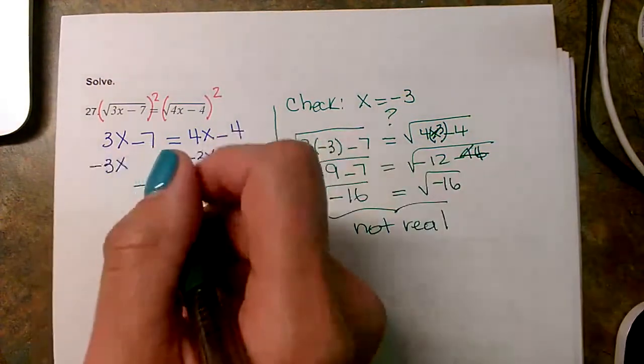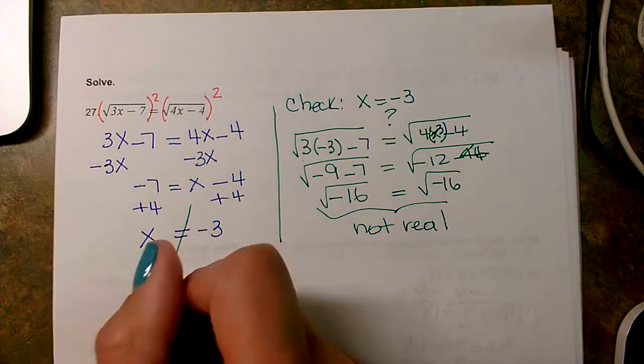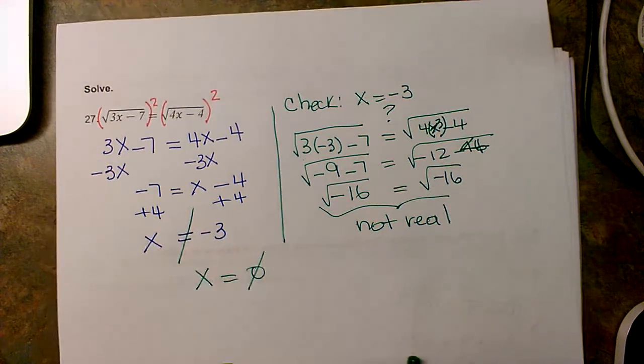Okay. So x cannot be equal to -3. And my answer is going to be this one. Okay.